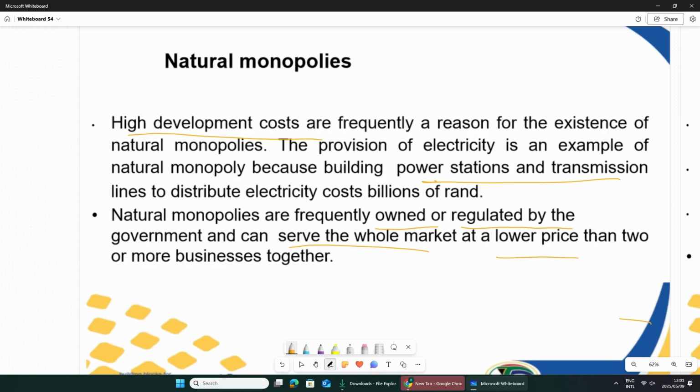And the most important thing to note is that the barriers to entry here are economic in nature. There is a lot of money, billions of rands, required to set it up.